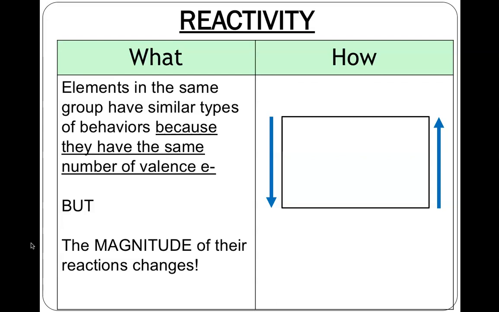Column number 7, group 7 with fluorine. They increase in their reactivity going up a group. As you go up the group, the radius gets smaller, which means the nucleus is closer to whatever that atom is bonding to.